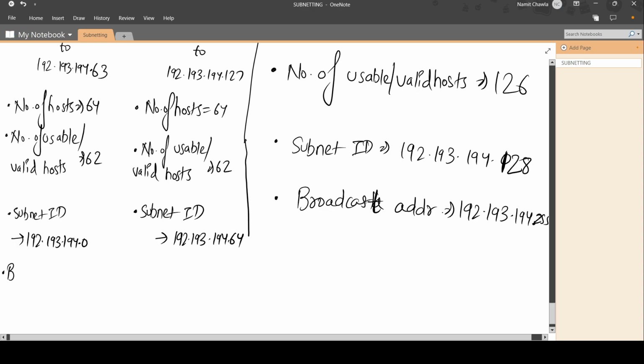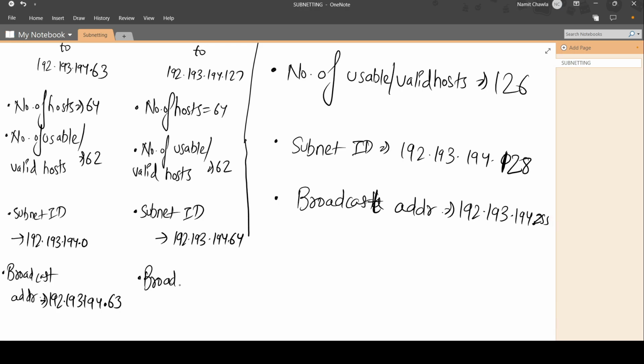Next one, the broadcast address, the last address for this subnet, which will be 192.193.194.63. Again the broadcast address here will be 192.193.194.127. As simple as that.